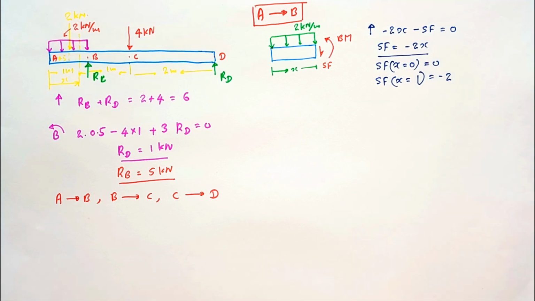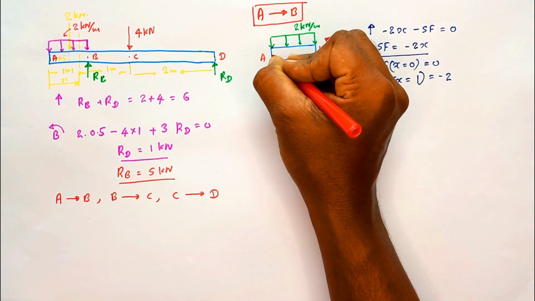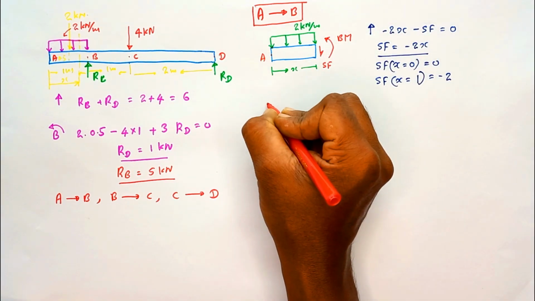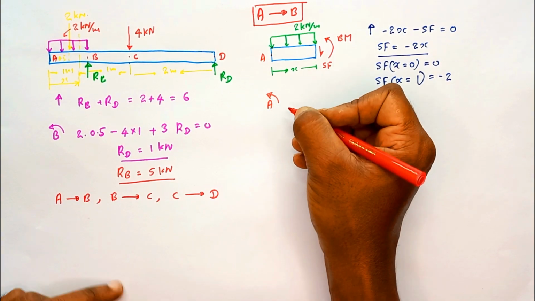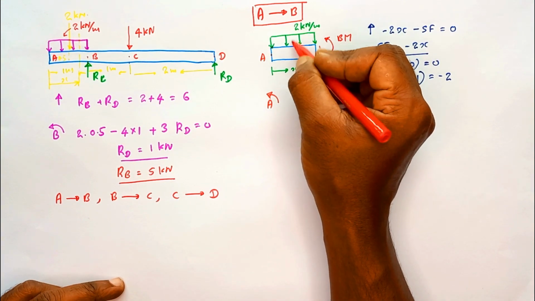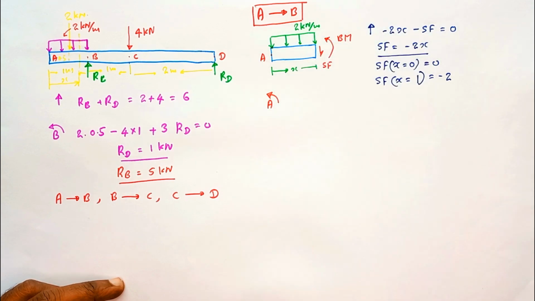Then I am going to obtain the equation for the bending moment. To obtain it, I am going to take the moment around this A point. The resultant of this distributed load acts at the middle, at x divided by 2 length.